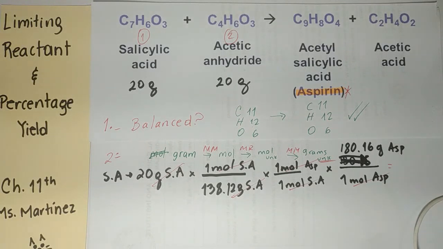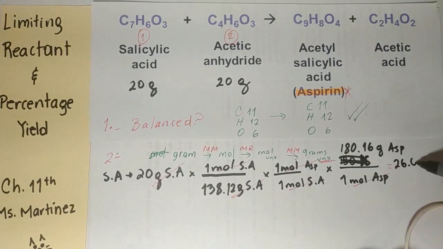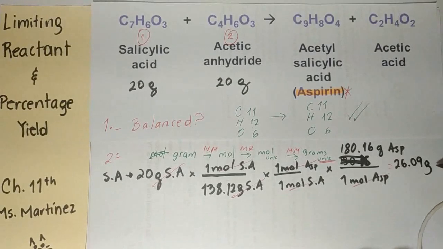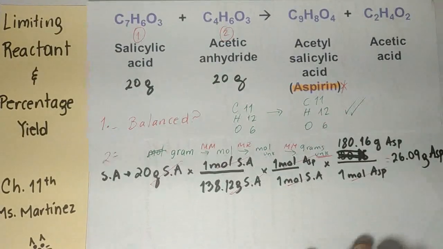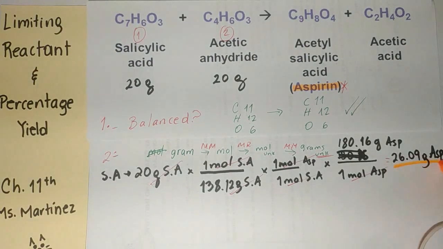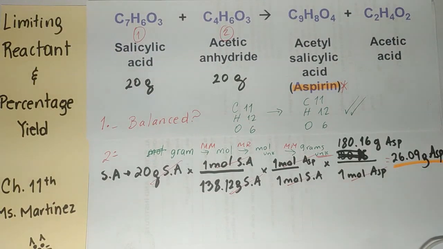So we're going to have 20 times 1 times 1 times 180.16 divided by 138.12. So this will give you 26.09 grams of aspirin. Okay. That's the first reactant.